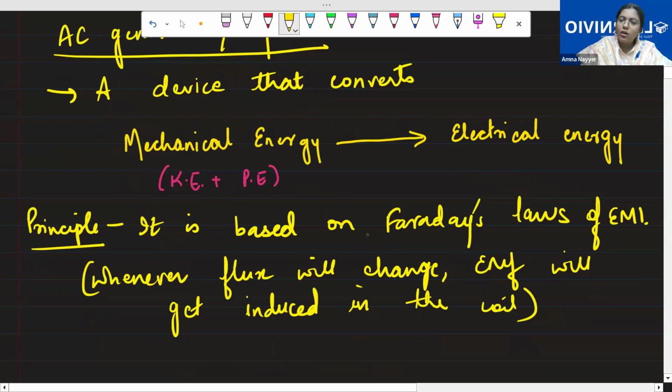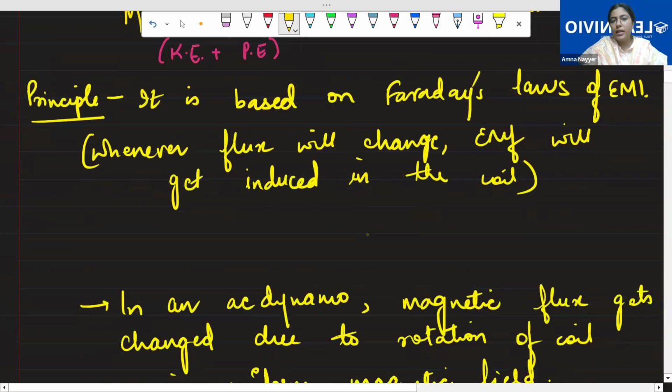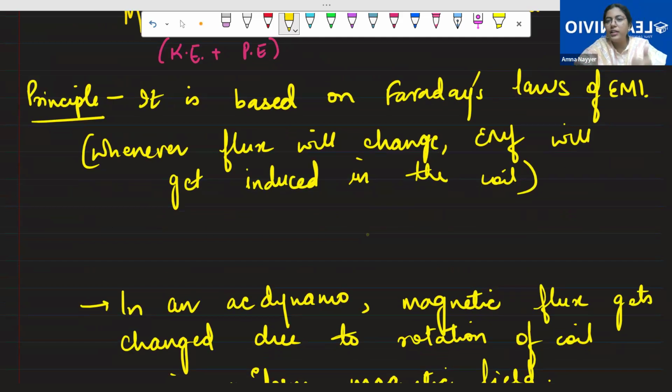Exactly the same Faraday's law that we have studied earlier: whenever flux changes, EMF gets induced in the coil. The magnetic field changes, flux changes, EMF gets induced in the coil, same thing. This is the meaning of Faraday's law. So the same E is equal to minus d phi over dt.